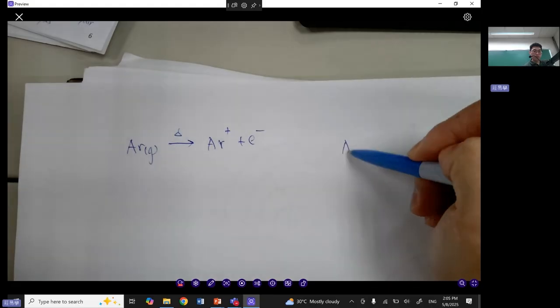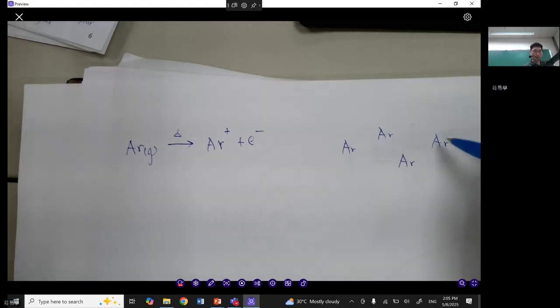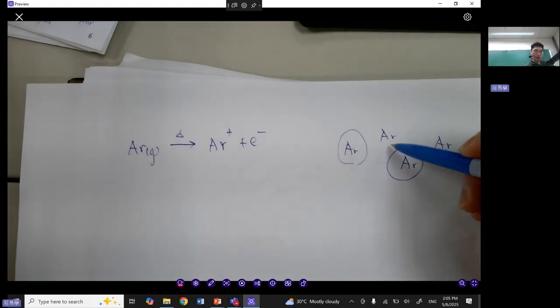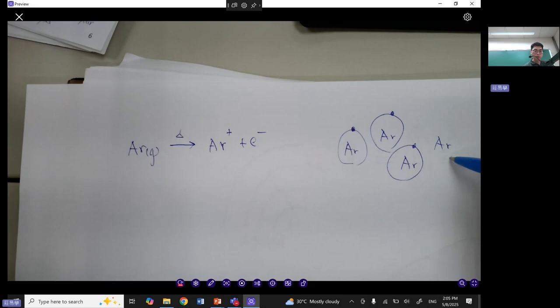Imagine that in a chamber you have a lot of argon atoms, and each has an electron in the outermost orbital.